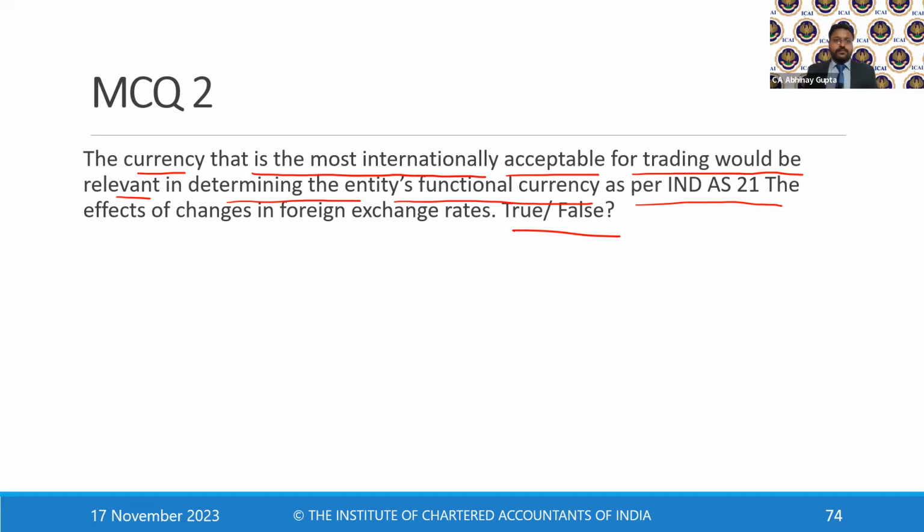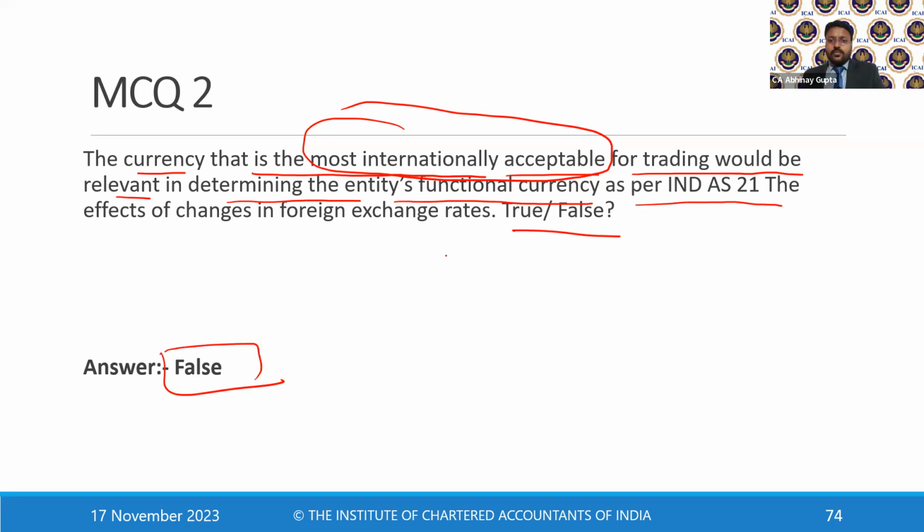I'm giving you a chance so that whenever you are done with the answer, I can discuss it. So the question is whether the most internationally acceptable currency would be the functional currency. Yes or no? Of course, false, no.